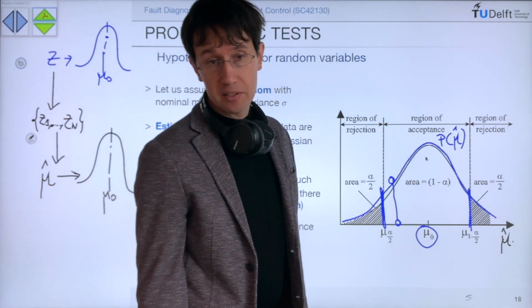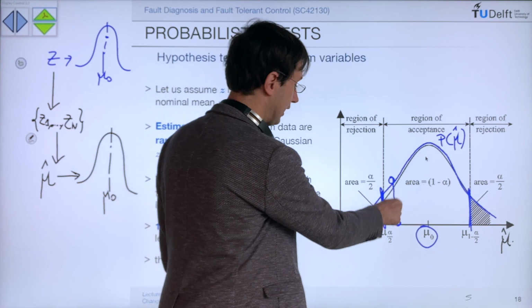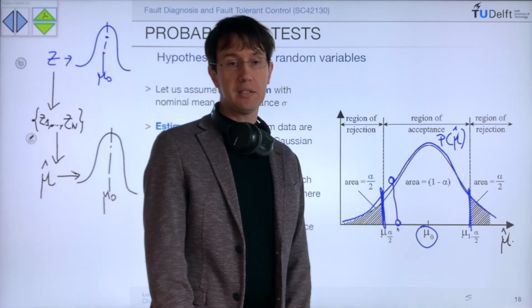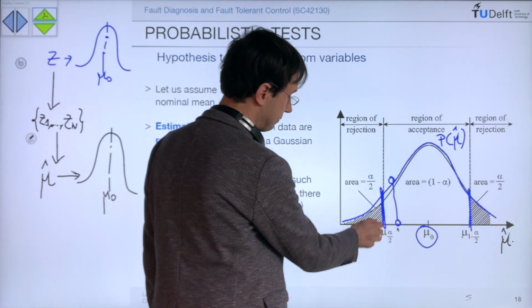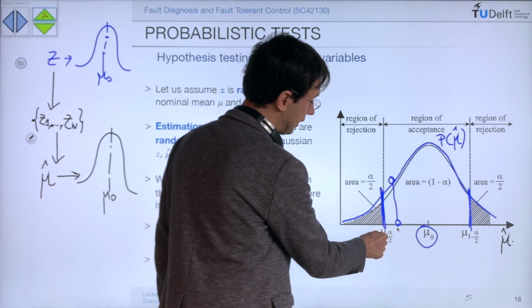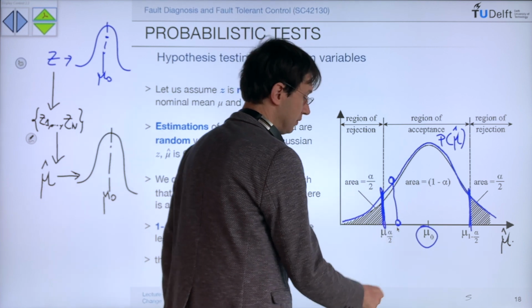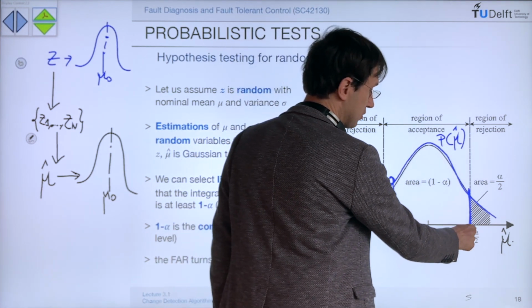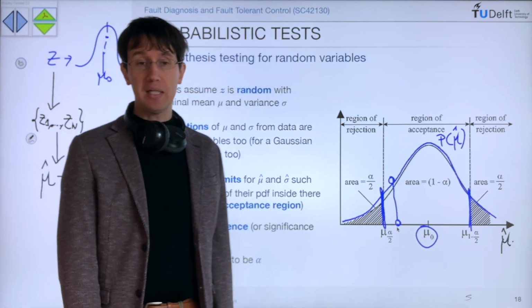So now the question is, I computed mu hat from a time window of data, and I got this value. Is this good or bad? So we check. If it is between this value, called here mu alpha over 2, and mu 1 minus alpha over 2, we are good. Otherwise, we are bad.